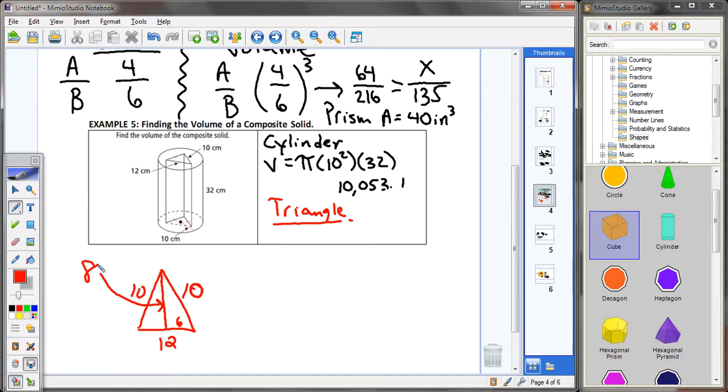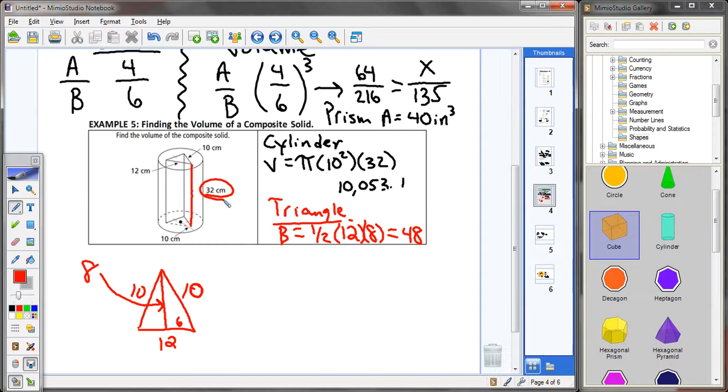So my triangle, the area of the base, would be 1/2 of 12 times the height in the triangle of 48. And how much are you getting for that? Okay, and then how about the whole height of this triangular prism from here to here then again?